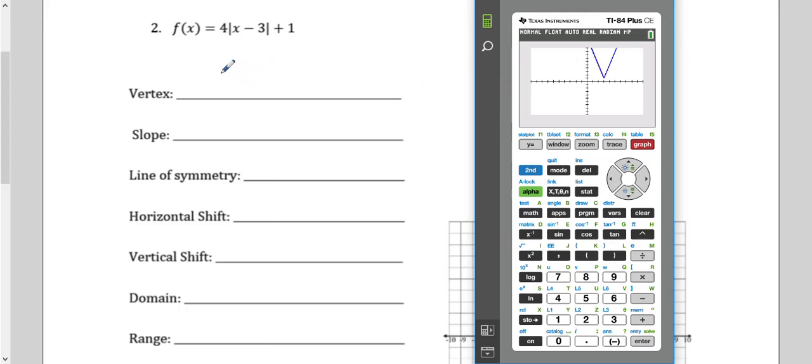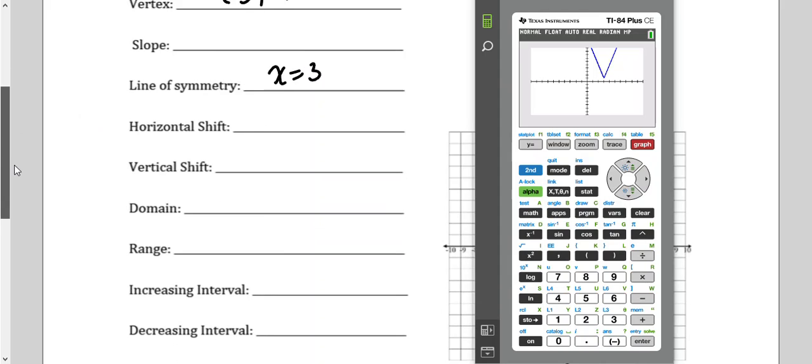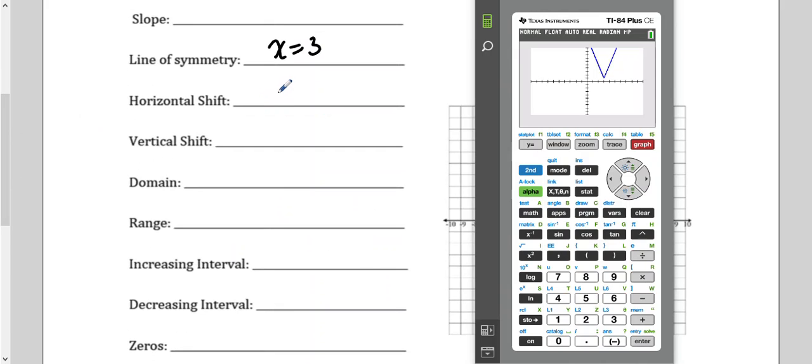So the vertex here is 3, 1. The slope is, notice I didn't write negative 3, it's positive 3 here. The line of symmetry is x equals 3. The horizontal shift is to the right, 3 units. The vertical shift is up 1 unit. Okay, and this is what I'm going to cover on this.